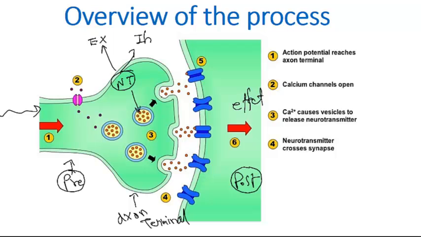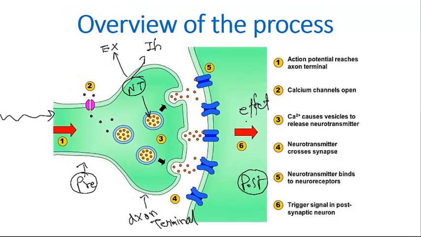The neurotransmitters cross the synapse, which is between the axon and dendrite. Then neurotransmitters bind to the neuroreceptors that trigger the signal in the postsynaptic neuron. These are the sequential events of the whole process of synaptic transmission. Now let's look at each of the stages in detail.